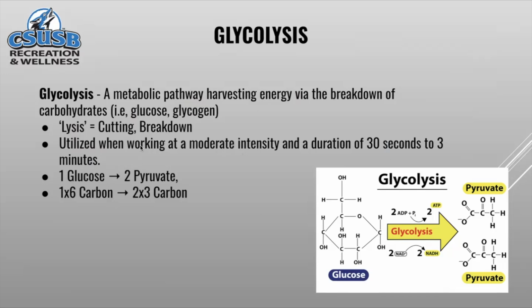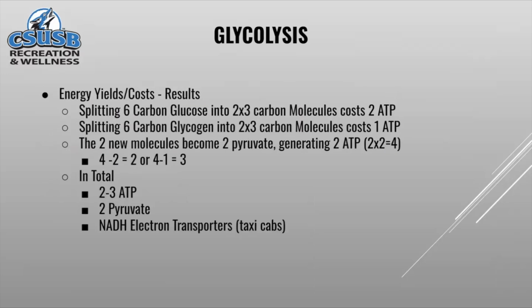And so what we have with the glucose, once it breaks down, we get 2 pyruvate, right? We can look at it as glucose is a 6-carbon molecule, and we're splitting it into 2 3-carbon molecules, right? So what kind of energy are we getting from glycolysis when we break down a sugar, a glucose?